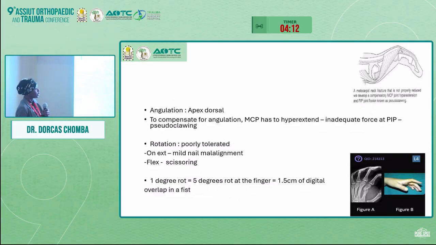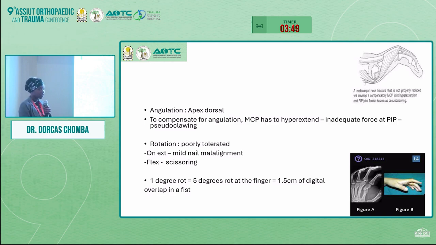When there's an angulation, the metacarpophalangeal joint hyperextends to compensate. And the problem with this is when there's a hyperextension at the metacarpophalangeal joint, you don't generate enough force at the interphalangeal joint, resulting in a bit of a pseudo-claw.